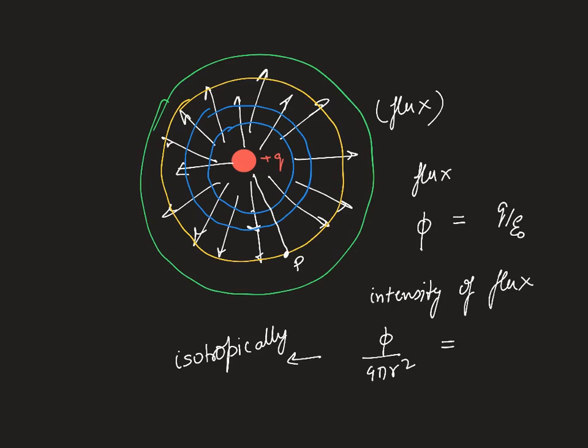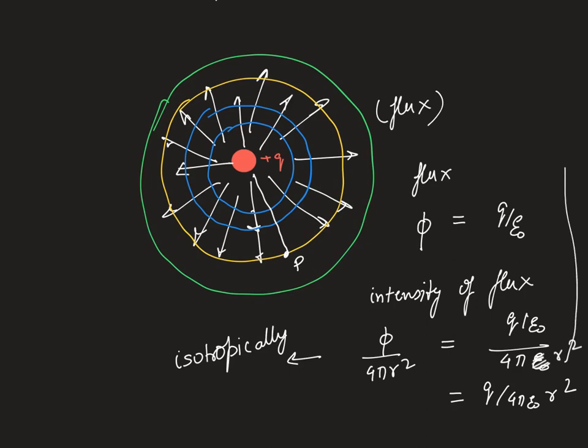So we'll have intensity of flux as q upon epsilon naught divided by 4 pi r squared. Now if you look at it closer and you bring the epsilon naught down, you will have q upon 4 pi epsilon naught r squared. And what is that? We know that this is what we call field due to a point charge.